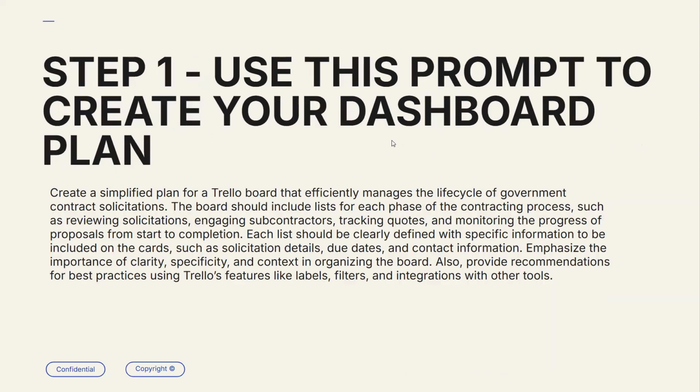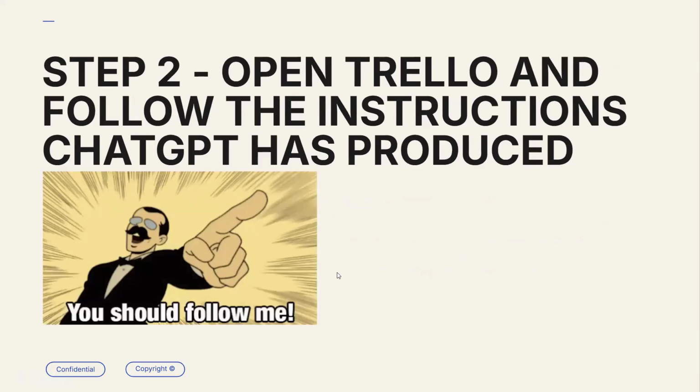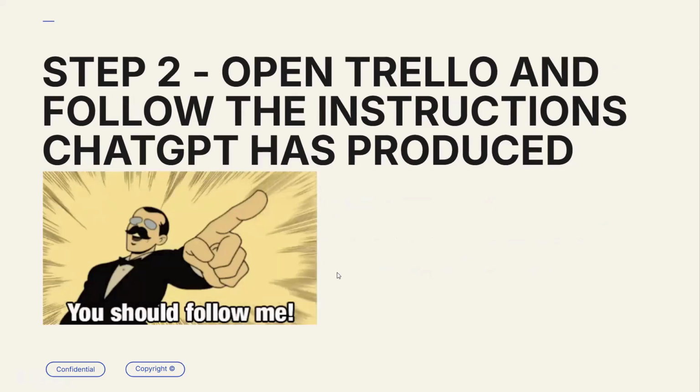Step 1. You're going to use this exact prompt here. You don't have to create the prompt from your mind. This is the prompt that you're going to use to ask ChatGPT to create your dashboard. Step 2. You're going to open your Trello account and you're going to follow the instructions that ChatGPT has produced.